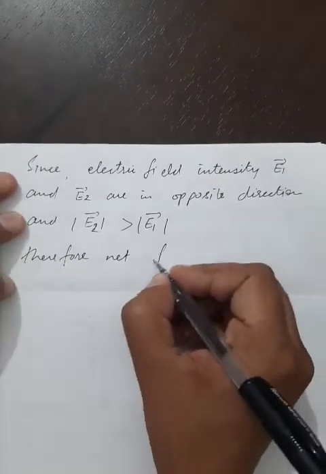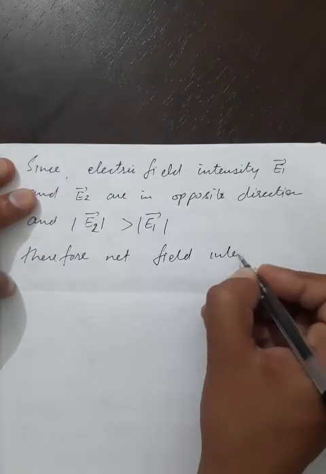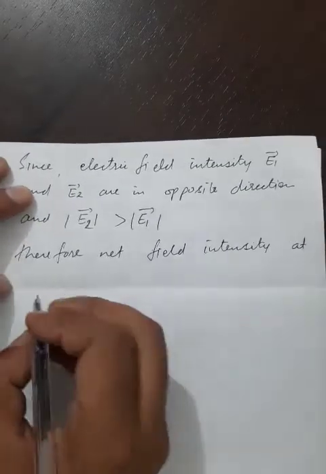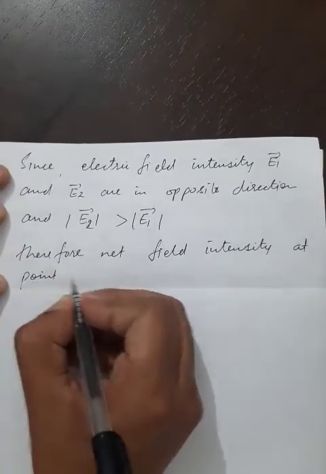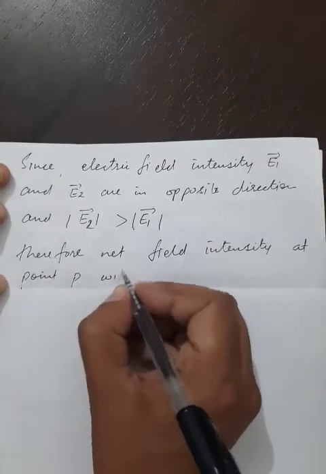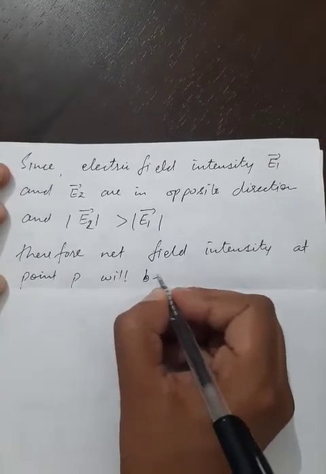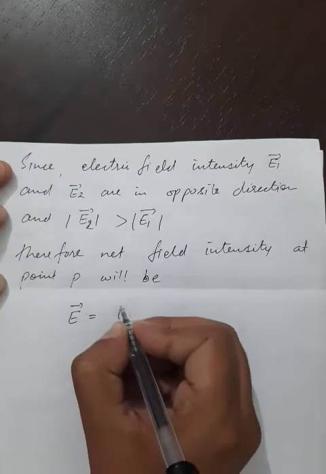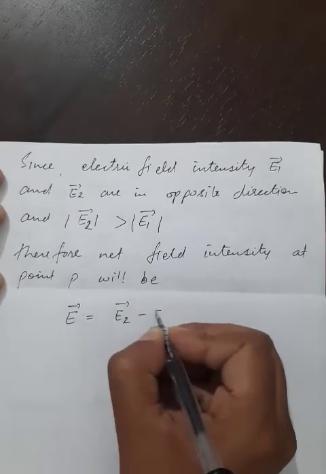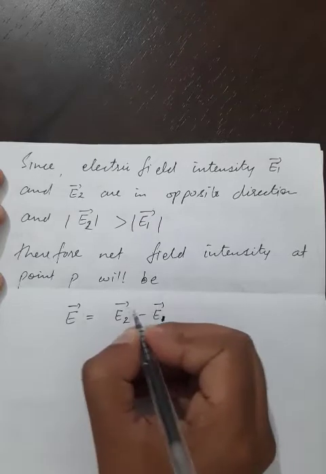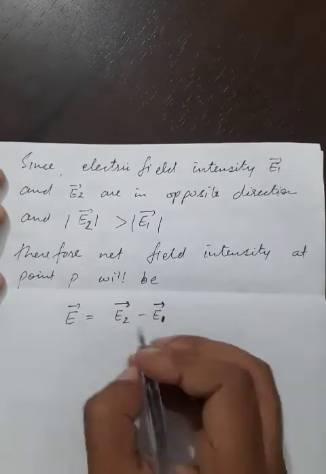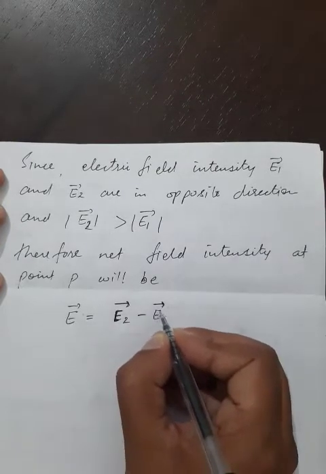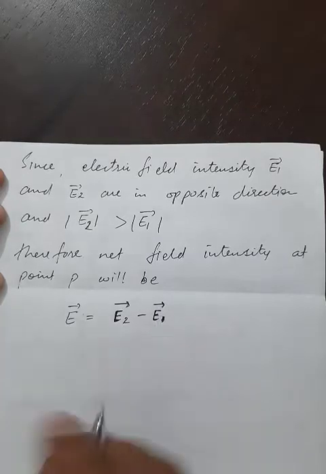net field intensity at point P will be E vector, that is E2 minus E1. Due to opposite direction we subtract, and from that which has more magnitude, we will subtract the one which has less magnitude.